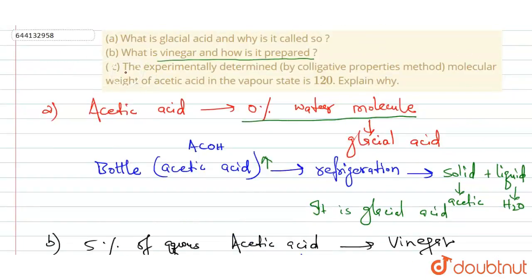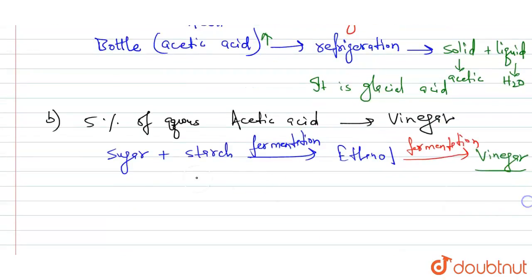It is saying that the experimentally determined molecular weight of acetic acid in the vapor state is 120. Why? So it is said that the experimental molecular weight of acetic acid is 120. Why is it 120?